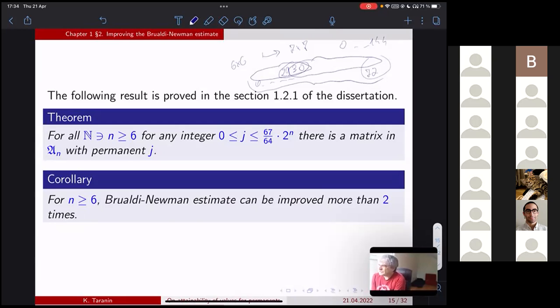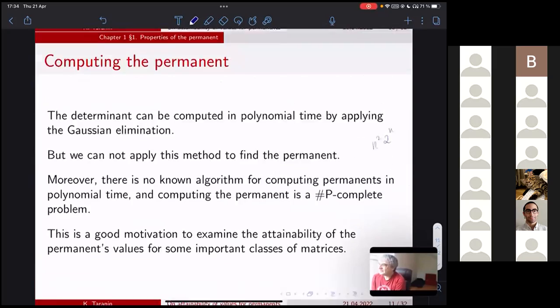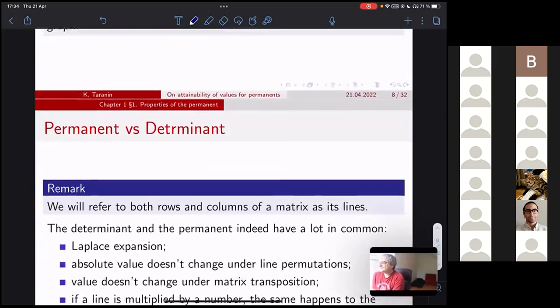You mentioned something about the number of solutions of some problem, right? The number of perfect pairings. Well, that's generally an application of permanents of 0-1 matrices.